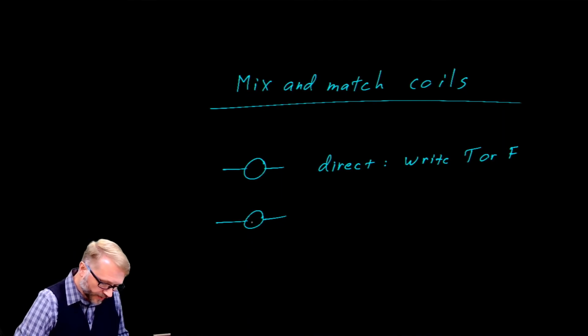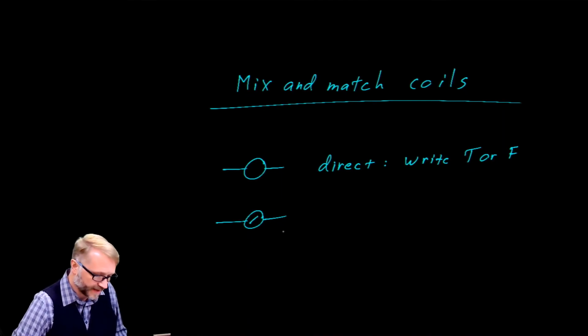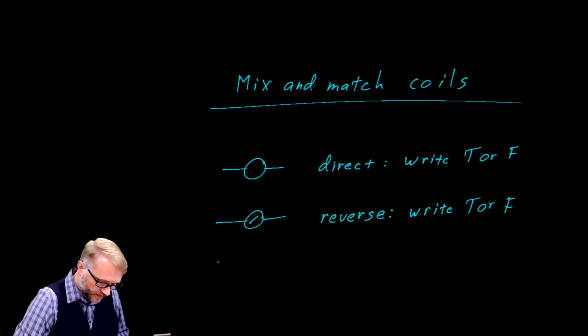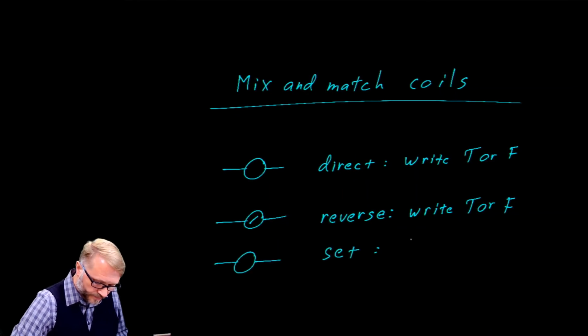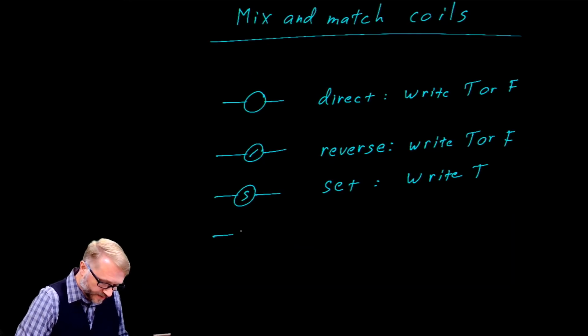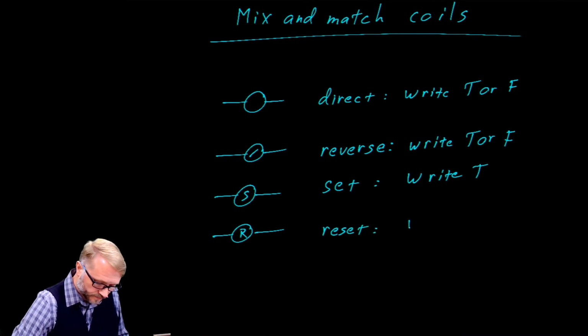The reverse coil has a slash like that. The reverse coil can also write a true or false. We have the set coil, which can write only a true. And finally, we have the reset coil, which can write only a false.